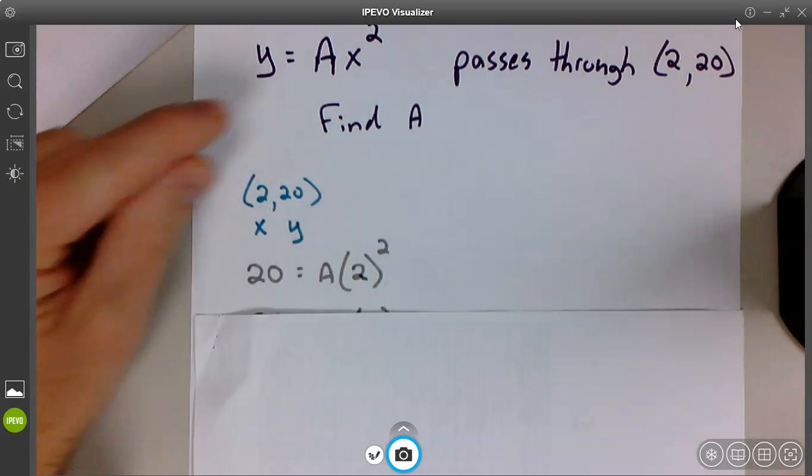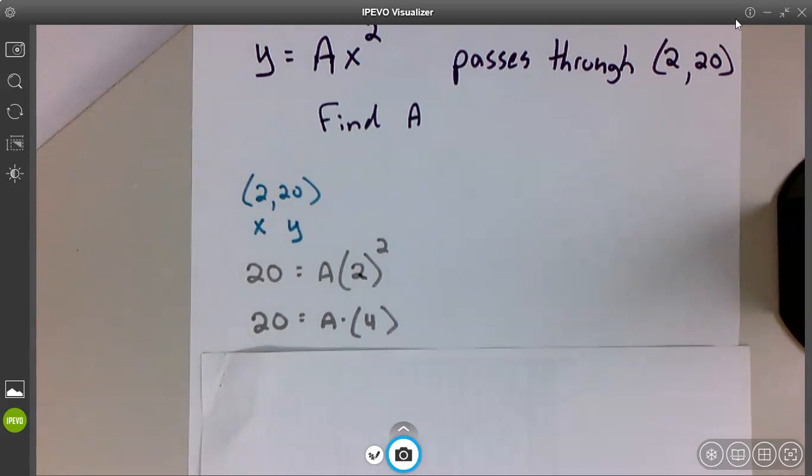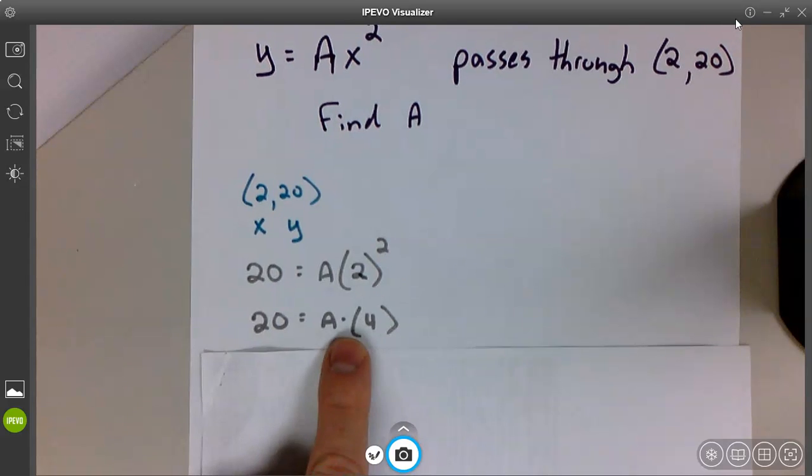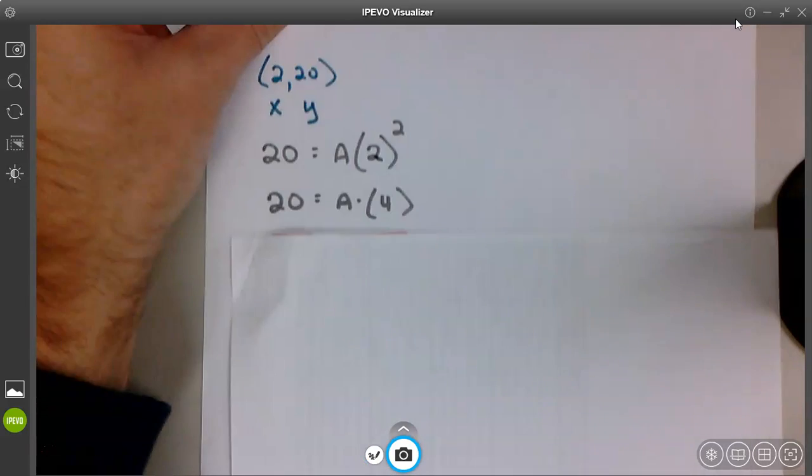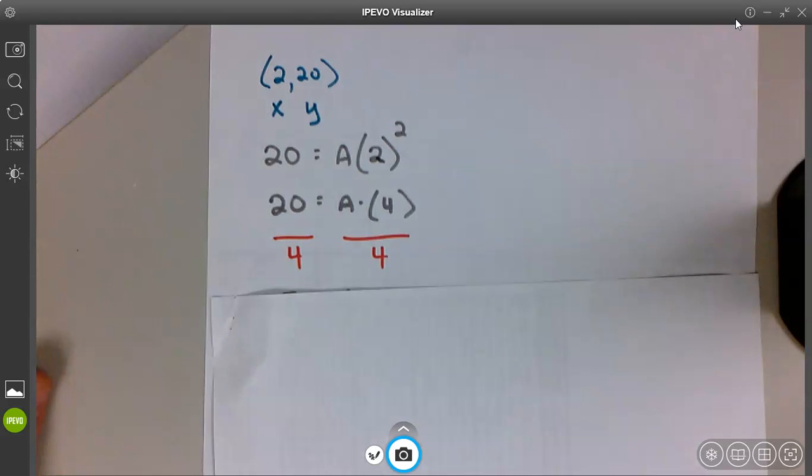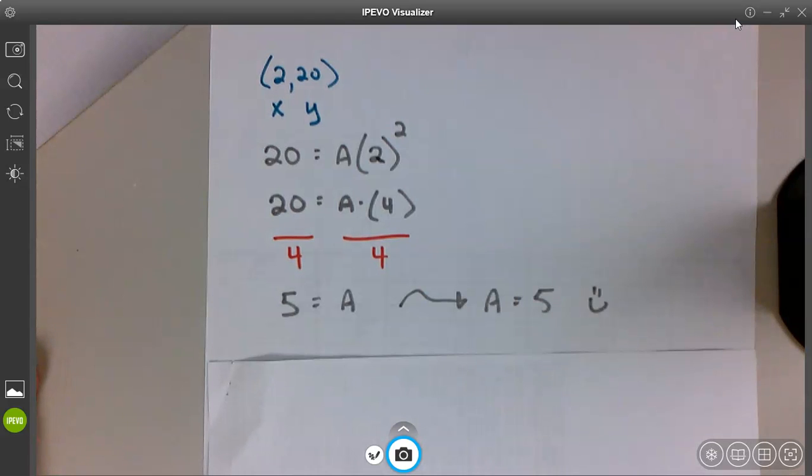So I'm just going to handle 2 squared. That's easy. 2 squared is 4. Next, I'm trying to find a, so to get a by itself, we do the opposite of times 4. The opposite of a times 4 is divide by 4, and we're dancing. 20 divided by 4 is 5. a is 5. That's all we were looking for, that one unknown variable.